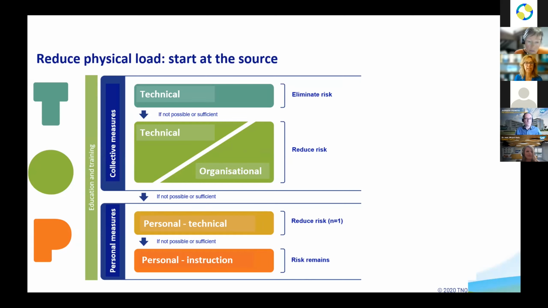So you start with the technical measures, then organizational, and at the last part, the personal. And it can also be technical or instructions. The technical and organizational measures need to be in place to make the work healthy. But sometimes it's not possible, or it is just not sufficient to limit the risks. And you have to do more.